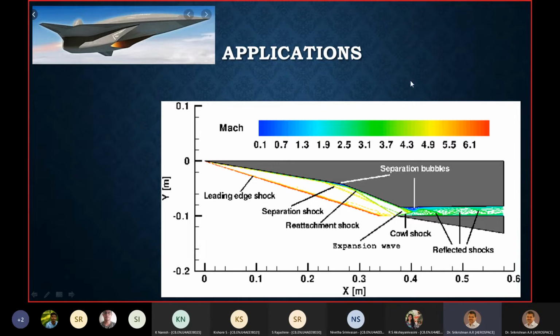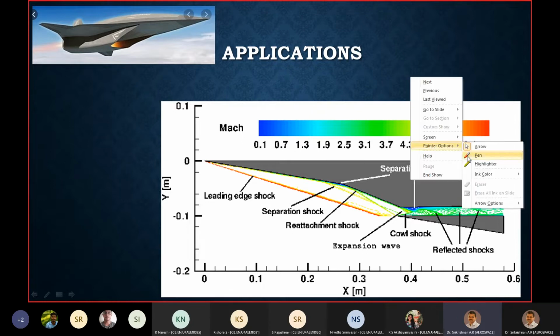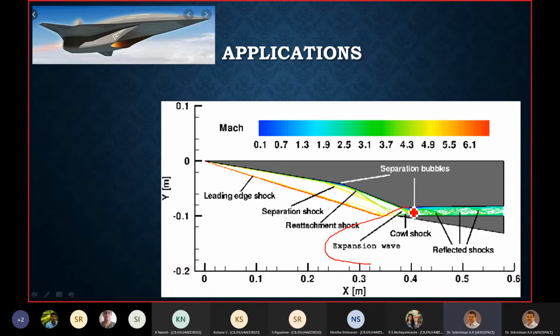Some of them are marked in this. I will try to highlight it. You have an expansion wave marked here, starting near the corner. Such expansion waves can be solved to some extent by making use of the Prandtl-Meyer expansion analysis.